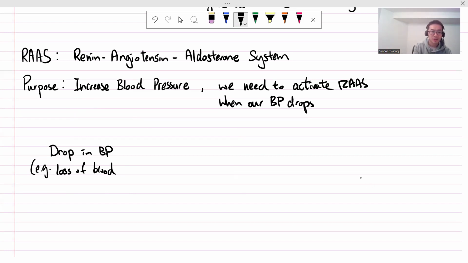So what else could cause your volume to go down? Someone already mentioned it earlier. Dehydration, okay. If you're dehydrated, your blood volume goes down, and your blood pressure is going to go down.